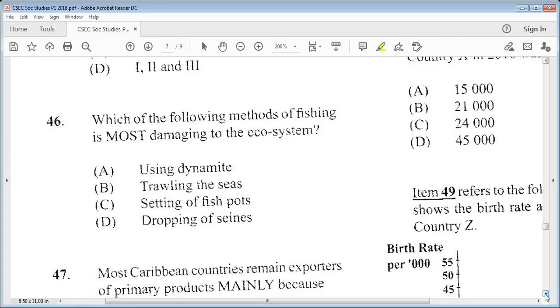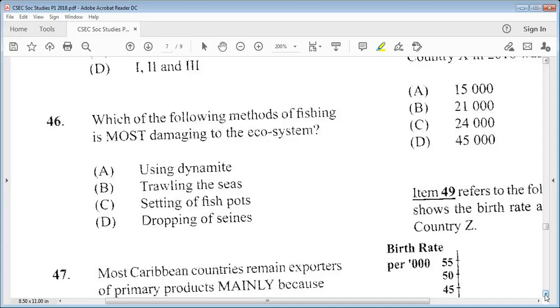So it's a large fishing net that goes way down into the bottom and catches fish. So that could be a way of damaging the ecosystem.